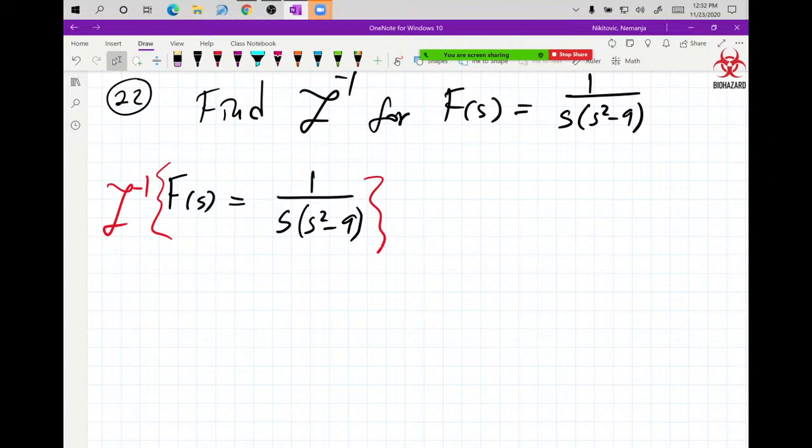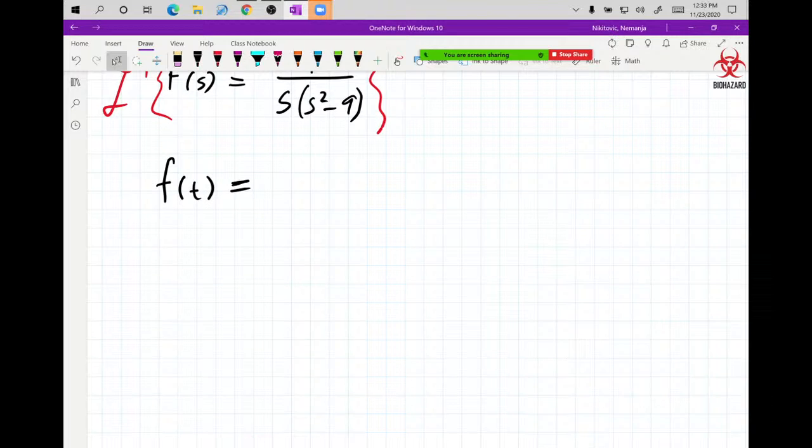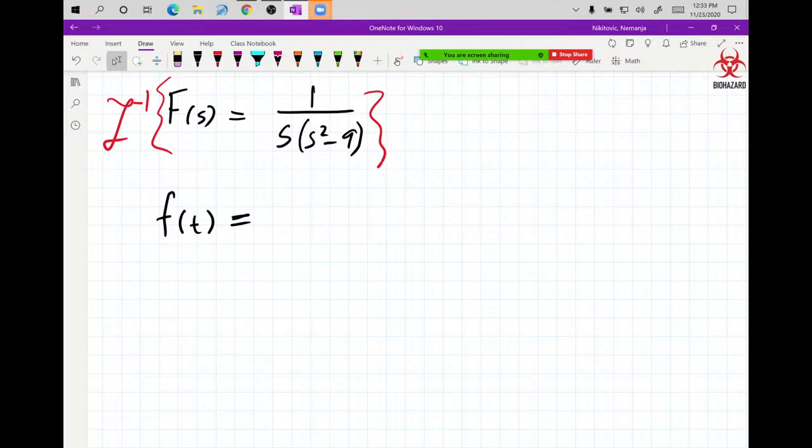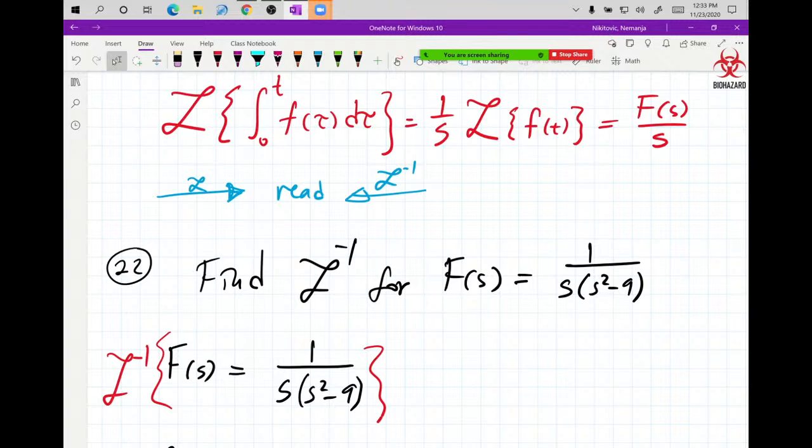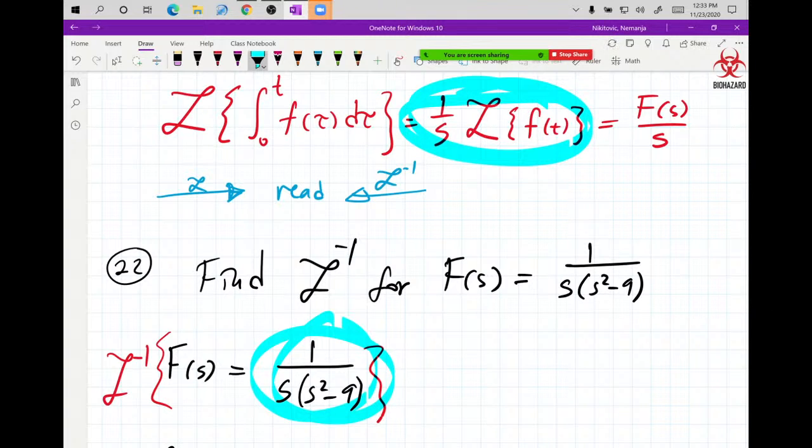So the left-hand side just becomes f of t. That's not a problem. But look at the right side. Do you see that that's 1 over s, and then you have this in there, and you see 1 over s right here? So what I could write here, when I compare this with this, I see 1 over s in both of them.